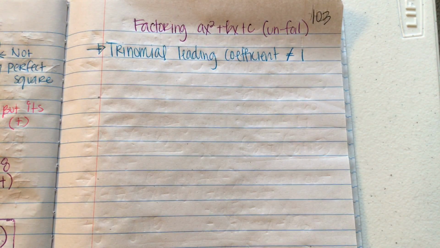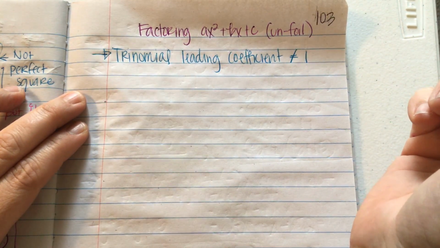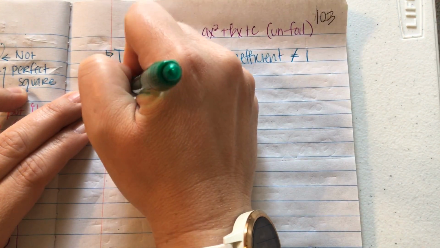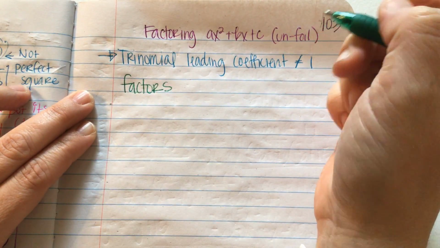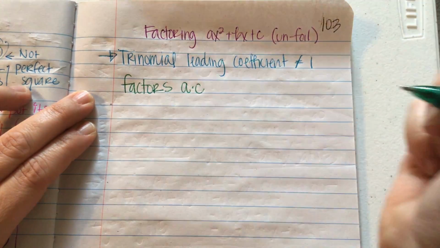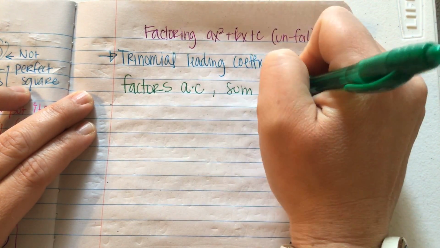It's really similar to what we did previously. In fact, it's the same rule, except now it's factors of a times c that have a sum of b.